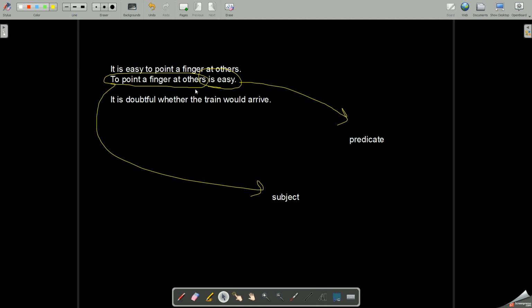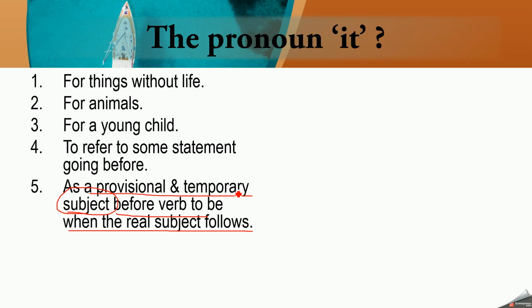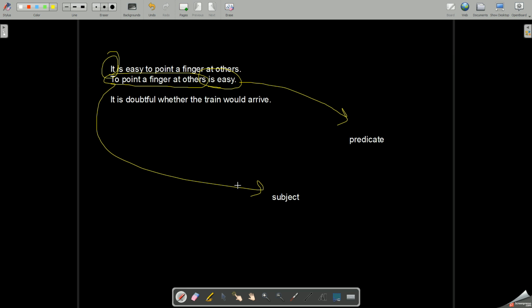So over here, just to represent this, to point a finger at others, this is something abstract we are talking about. We have referred to this as it, that is a temporary or provisional subject. Okay, so it is easy to point a finger at others.